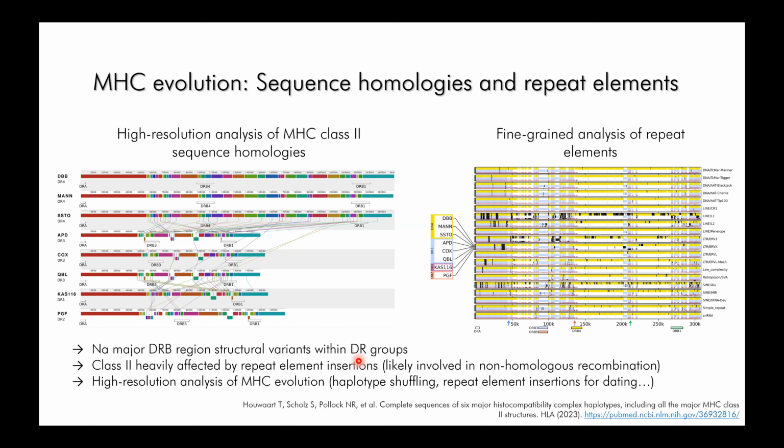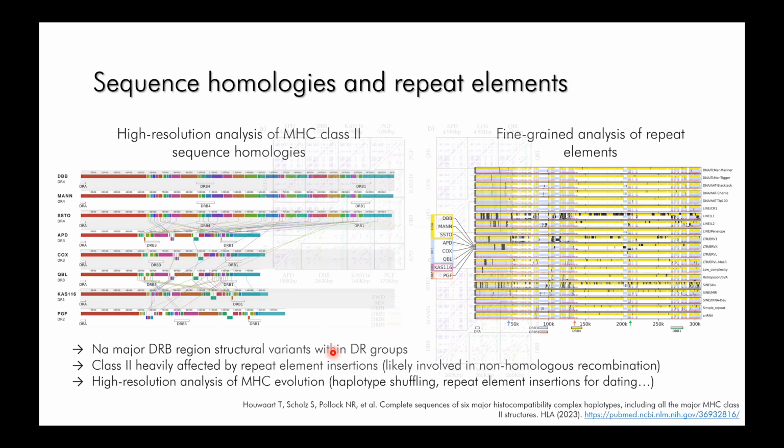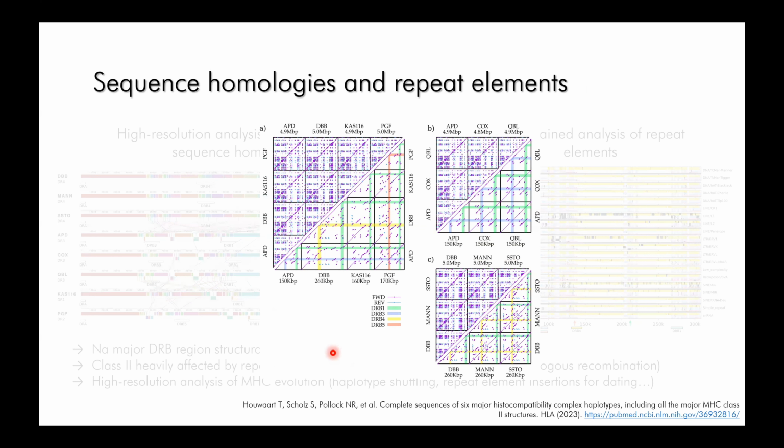We can try to better understand how the different MHC haplotype classes emerged, how they're related, for example, to primate haplotypes, and also which evolutionary forces were behind the patterns that we now observe. And to finish off that section, let me show you a visualization of sequence homologies across the assemblies that were generated.